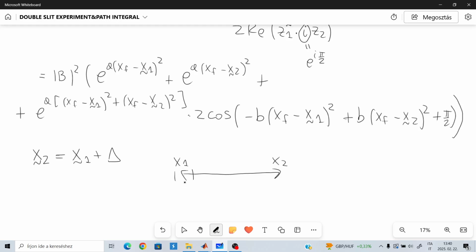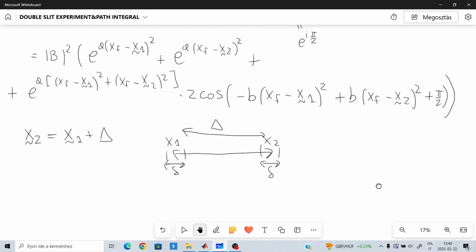Remember that we use the lowercase delta for the width of the slit, for both of them, because they are the same slit basically, with the same width. And this capital delta should of course be larger than the width of the single slit.